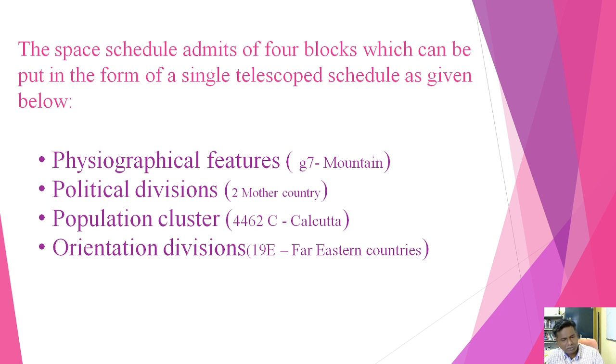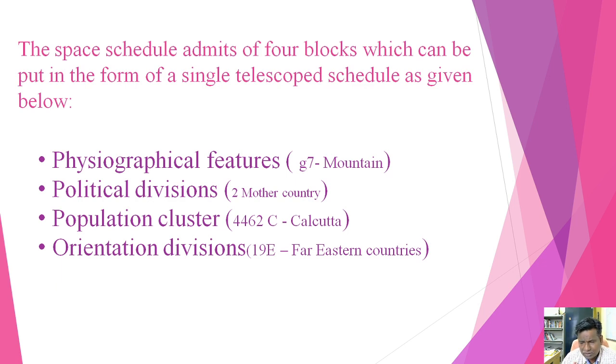In the case of political divisions that are frequently used for block 2, they are assigned Indo-Arabic numerals and are enumerative and provide certain spatial continuity. For example, 2 is considered for mother country, 5 for Europe, 7 for America, 8 for Australia, like that.